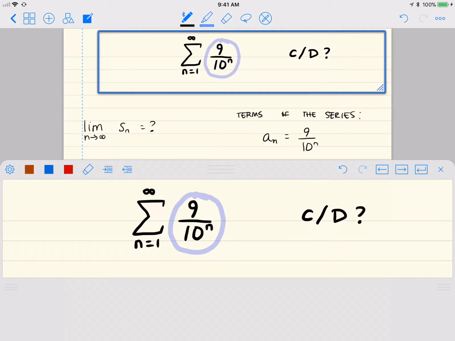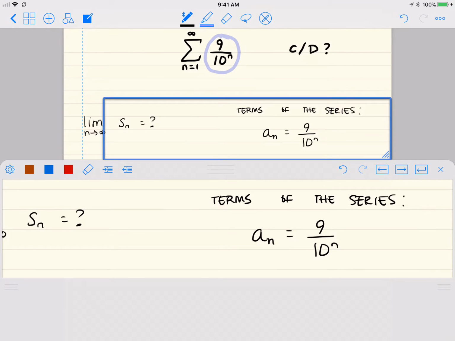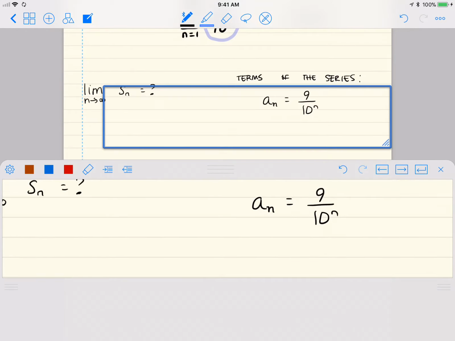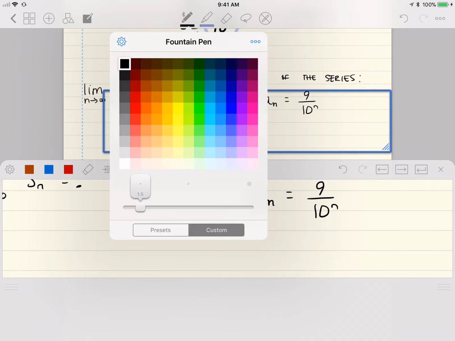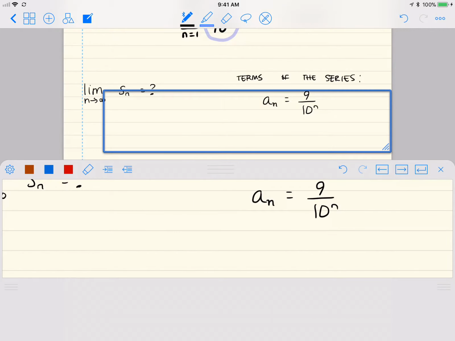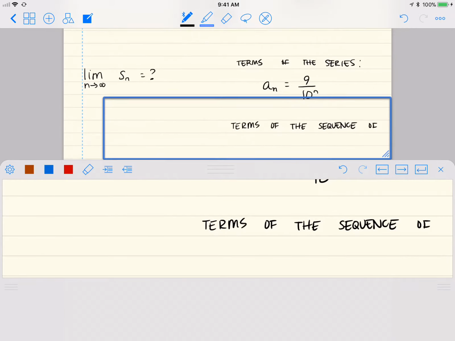Now, once we have the terms of the series, we can talk about the terms of the sequence of partial sums.